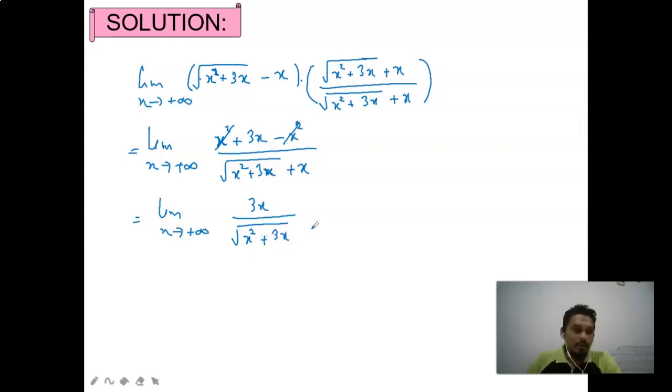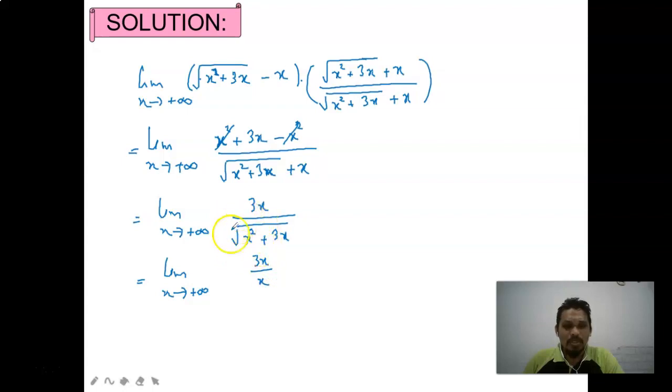So look at this one now. The highest degree of x in the denominator is considered as x, even though it's x squared here, because we have a square root. So we divide it by the absolute value of x. That is 3x divided by x.